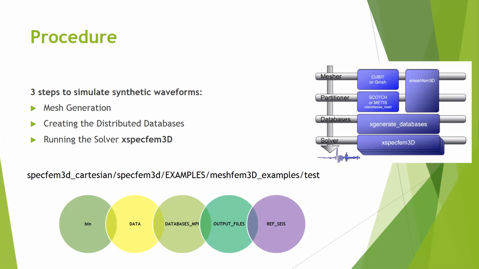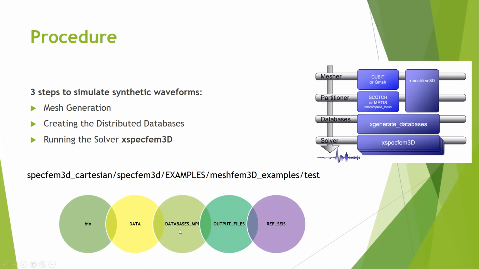And the structure of this program: it has many examples in the root directory, and I built a test folder here, which includes 5 folders. The bin folder will include some compiled files, and most parameter files are included in this data folder.